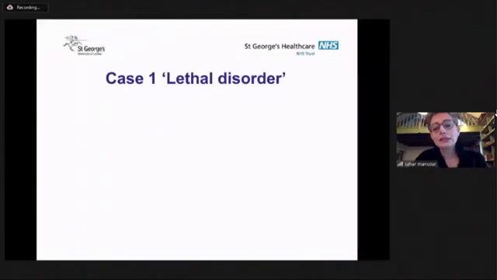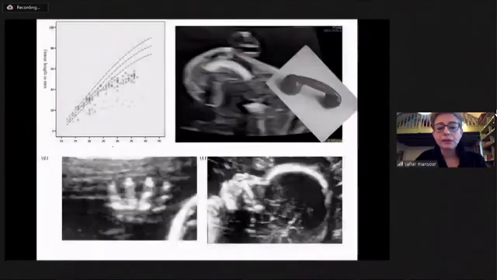So, lethal disorders. Aris has beautifully outlined the findings with lethal disorders. You can see the growth tails off from a very early gestation. In this fetus, as he described it, there are bowed femora, very short femora in a telephone receiver configuration.